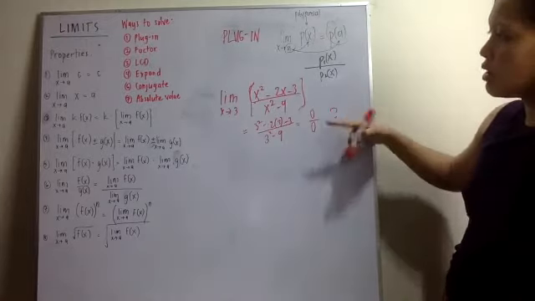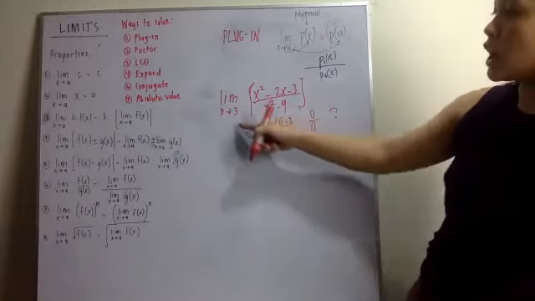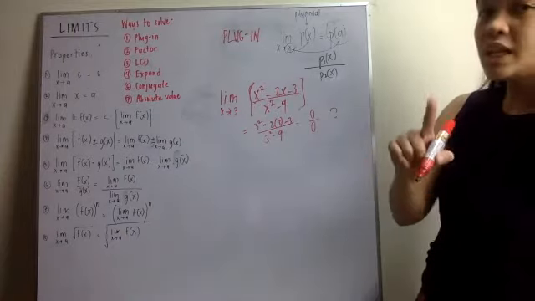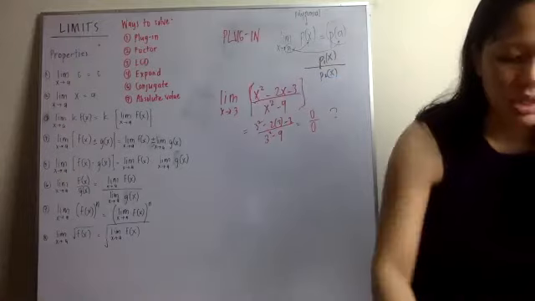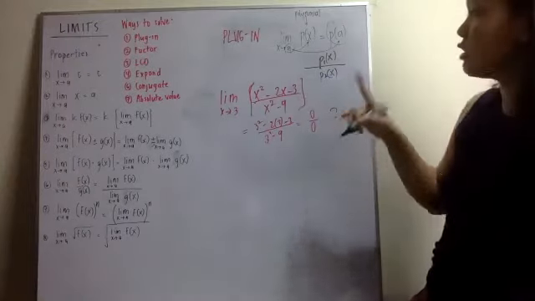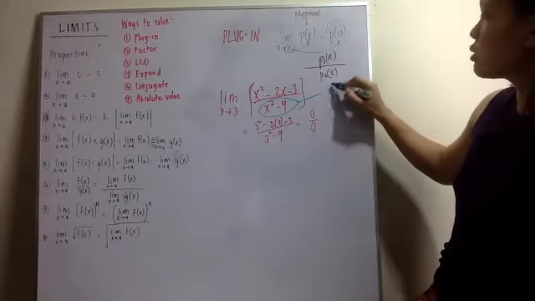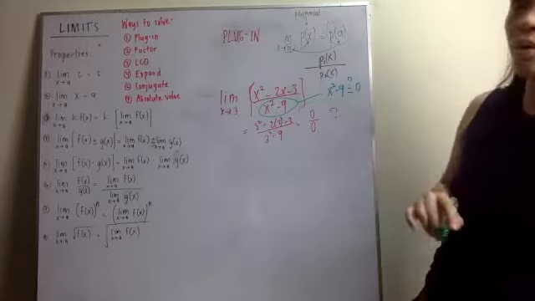So once meron kang rational expression, okay, before mo i-plug in totally sa buong expression, maganda na i-check mo muna yung denominator niya. Okay? So kapag meron kang rational expression, the first thing you do is check this one. Okay? X squared minus 9 equal ba sa 0? Okay?